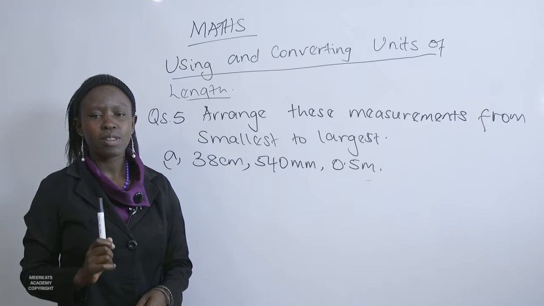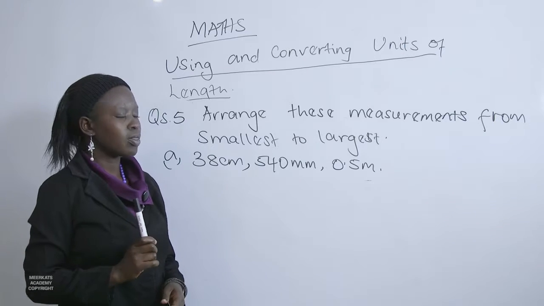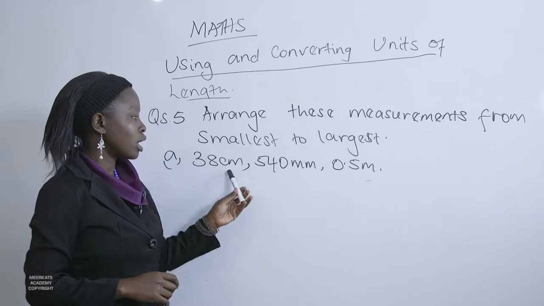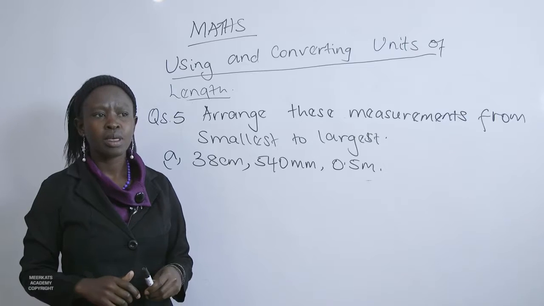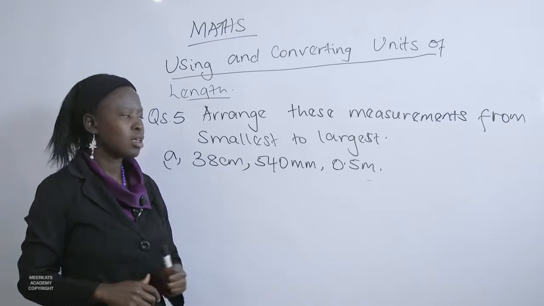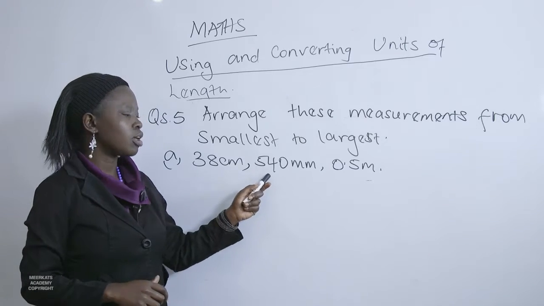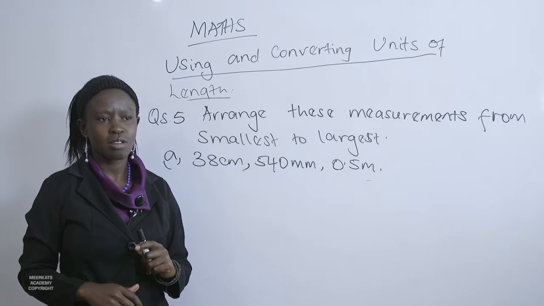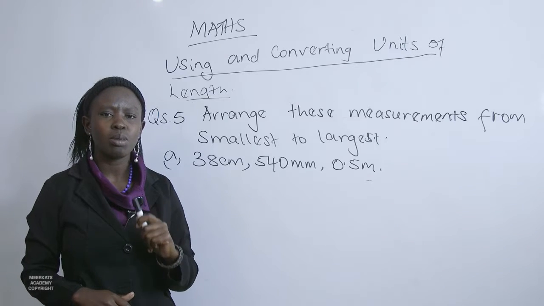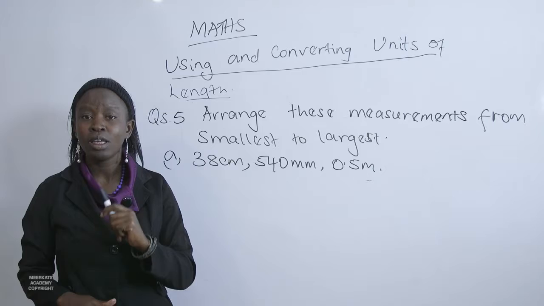Discovering that they are in different units makes our work a bit complicated. If I look at the figures, one can easily assume that 0.5 is the smallest and that 540 is the largest. But they're not in the same units, so that might not necessarily be true.